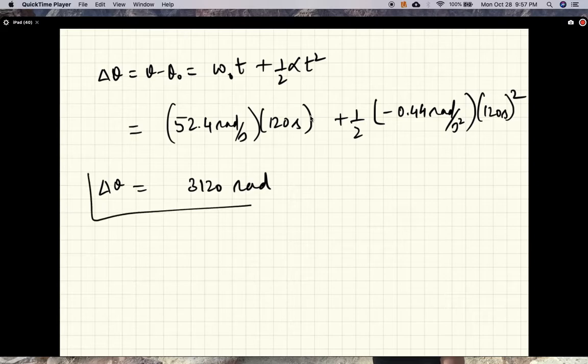So that's the angle through which the flywheel rotated before it came to rest.